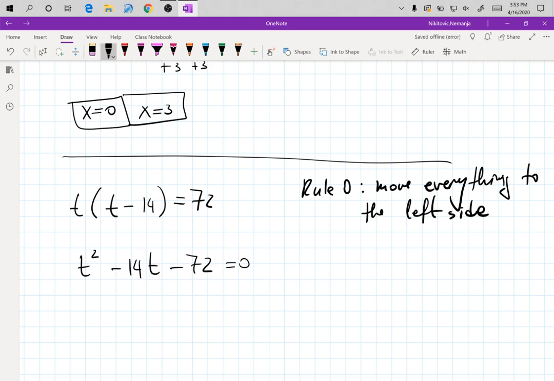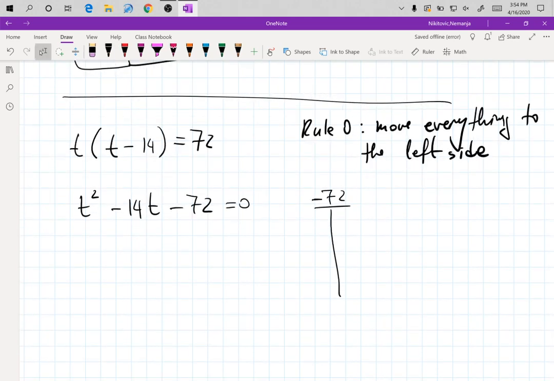So we need to factor this. And 72. So what are the factors of 72 now? It's going to be a very long list.